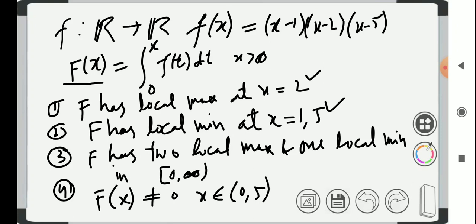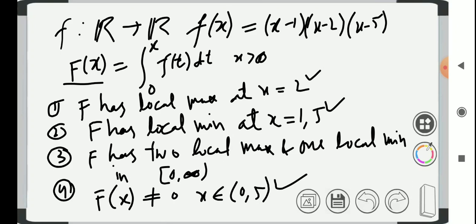But this fourth option is a bit involved because it involves a property, a corollary of the intermediate value property of continuous functions.